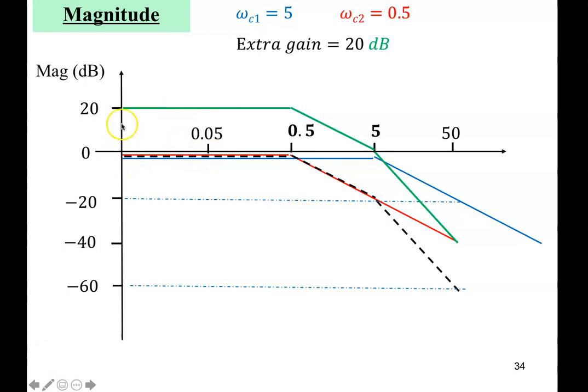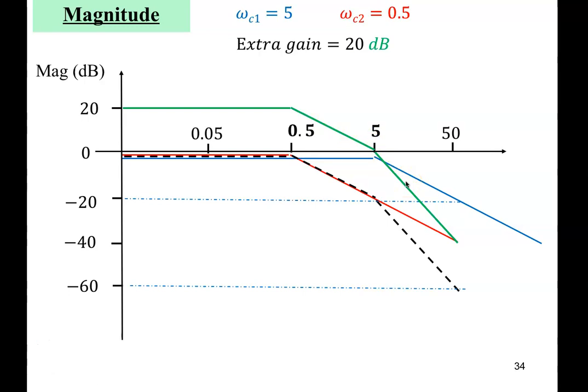So 0 becomes 20, 0 becomes 20, 0 becomes 20. Minus 20 becomes 0, minus 60 becomes minus 40. So the green line is G1 times G2 and then times the DC gain.